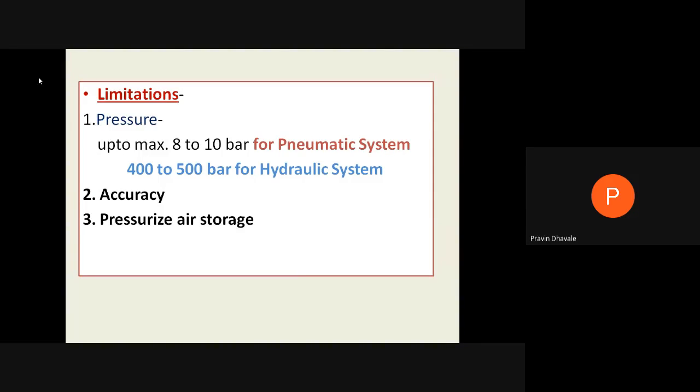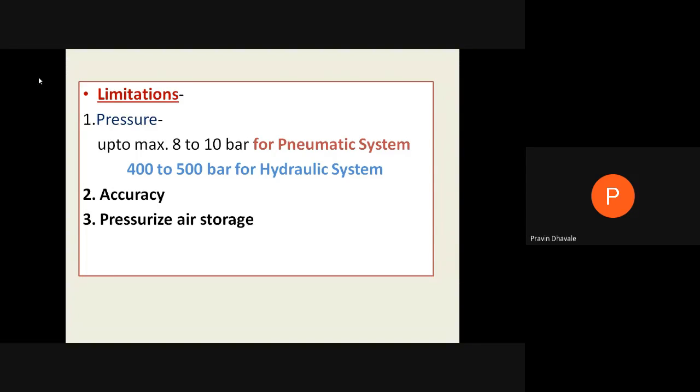So because of the compressibility of the air, we cannot accurately control any movement of the actuators, right? But in case of the hydraulics, we are using oil as a working medium, and it is incompressible in nature. Because of that, we can accurately perform each and every operation of the system.